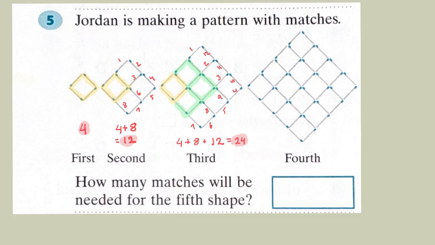So what will the fourth one be? The fourth one will consist of 4 plus 8 plus 12, and there's going to be an added number there. What do you think that number will be? What was the difference between 4 and 8? 4. And what was the difference between 8 and 12? 4.